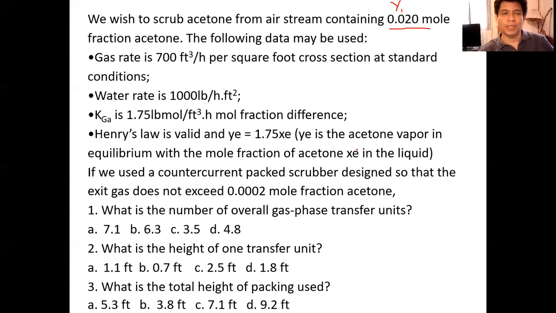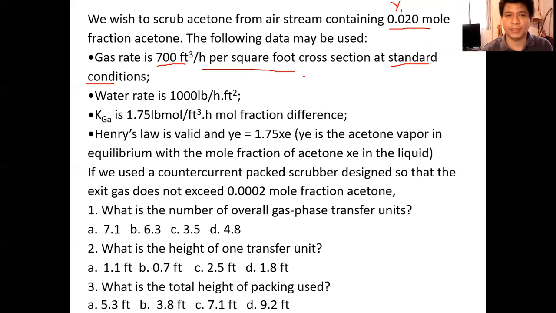The following data may be used. Gas rate is 700 cubic feet per hour per square foot cross section at standard condition. When they say standard condition, what is the standard temperature? 0 or 25? 25 is standard ambient temperature, but when they say standard temperature, it's 0 degrees Celsius.